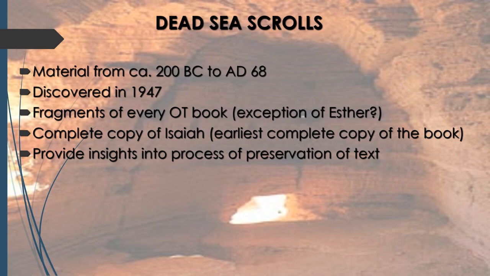When you compare it to the Masoretic text, you see that while there may be some errors and a little bit of change that happened over this 1,000-year period, it's not very much. So there's a careful preservation of the text. People who were transmitting it were very careful.